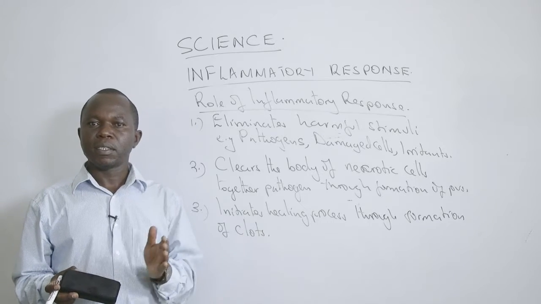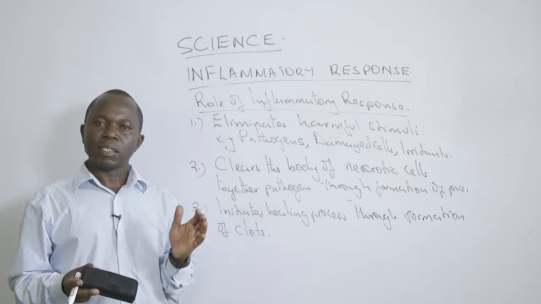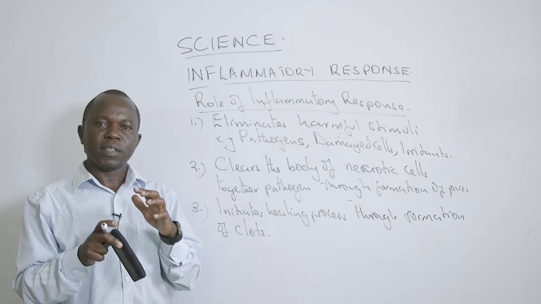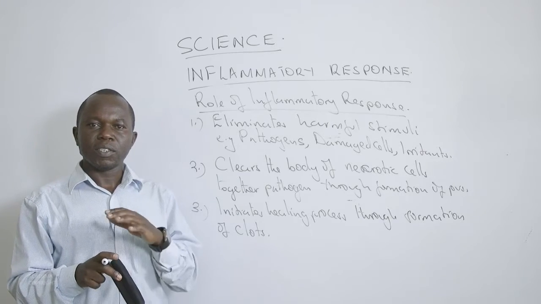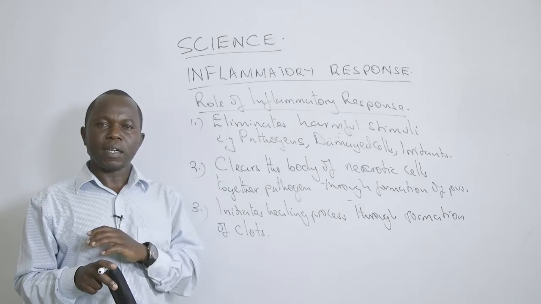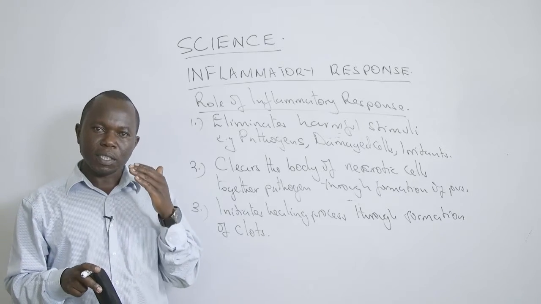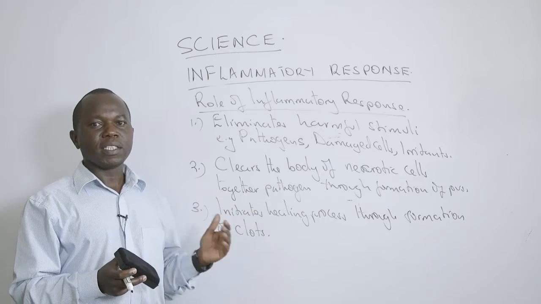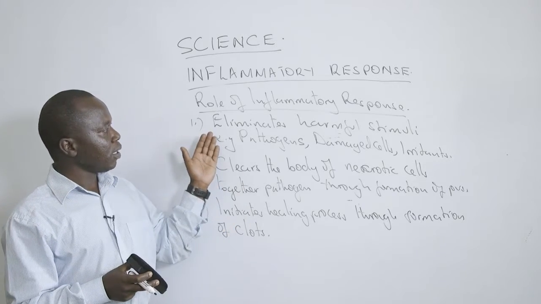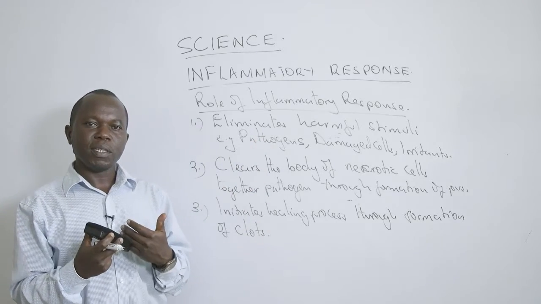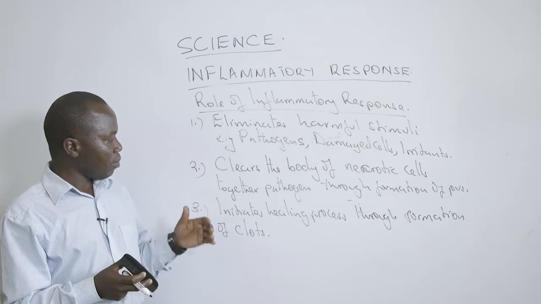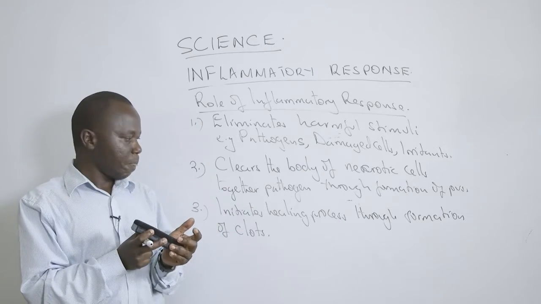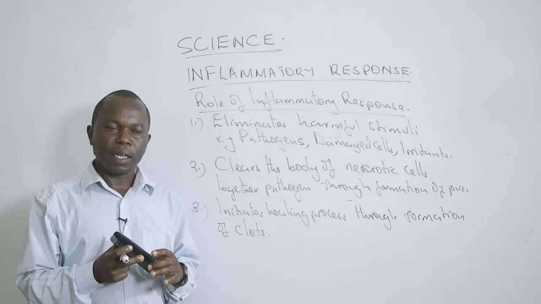Immune cells will now migrate to the area of invasion. When you cut yourself, at that point we have more phagocytes and macrophages, so that they can engulf and destroy the pathogen that could take advantage of getting into the bloodstream. It is a very important process because it eliminates that harmful stimulus, clears the body of the destroyed cells, and initiates a healing process.